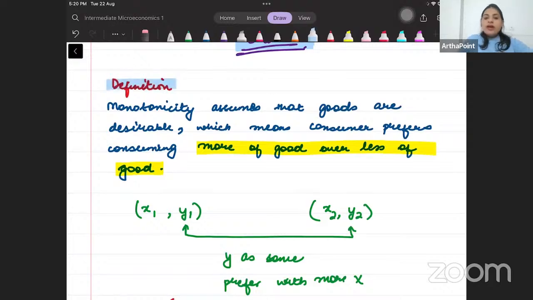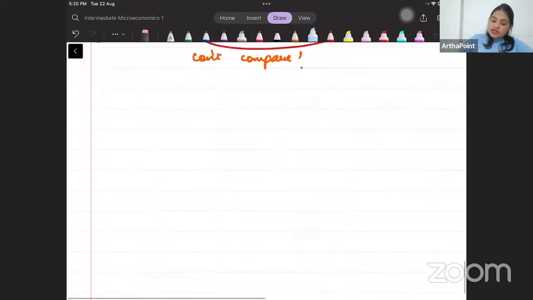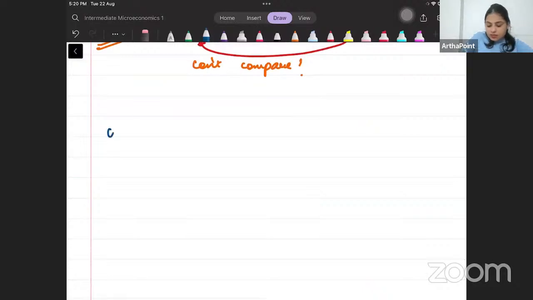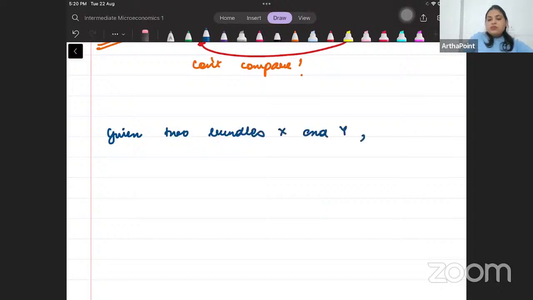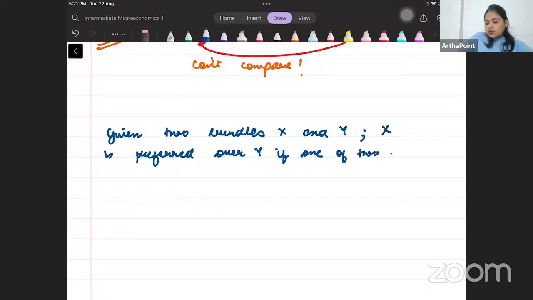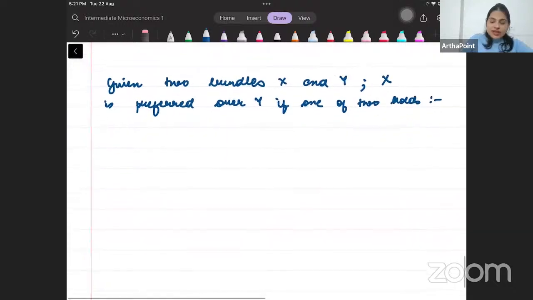Now we should go ahead and write what it means. So please write down. Given two bundles x and y, x is preferred over y if one of the two holds. So what are the two things that can happen?